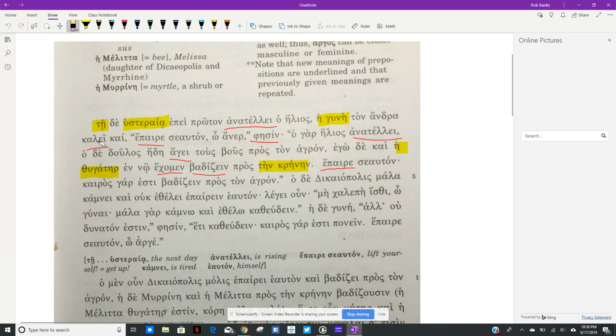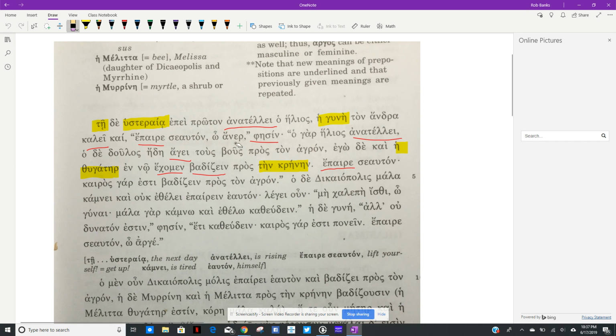Kalei, of course, a contract, right? And she says, epere seauton. So epere, an imperative, just ends in e. It's a singular imperative. Seauton is yourself, right? It gives it to you. Later we will see these pronouns, but for now it just gives it to you.